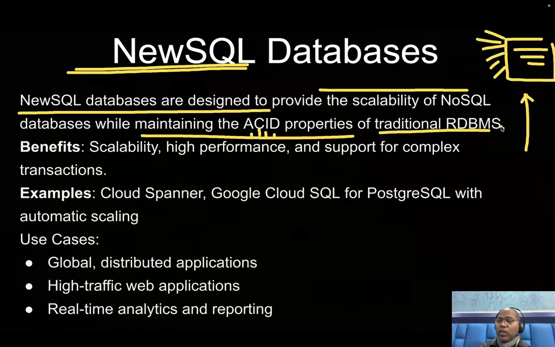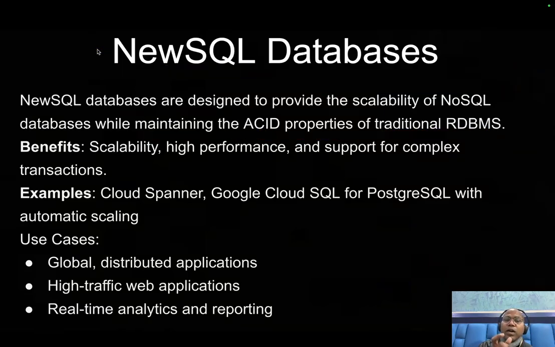So all the features of a relational database you want to apply in a non-relational database. In this scenario, NewSQL databases are designed to meet ACID properties and transactional systems at NoSQL scale, and they support scalability and high availability.